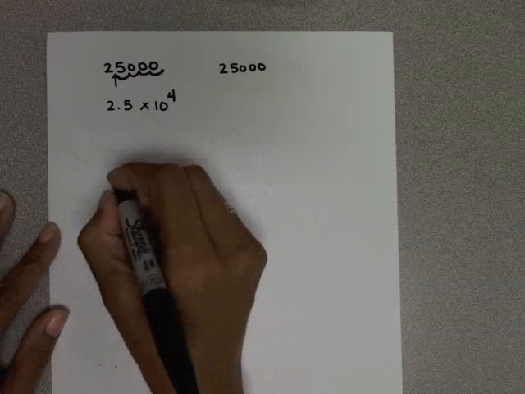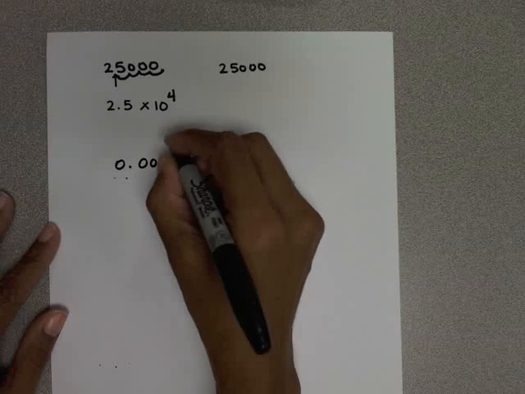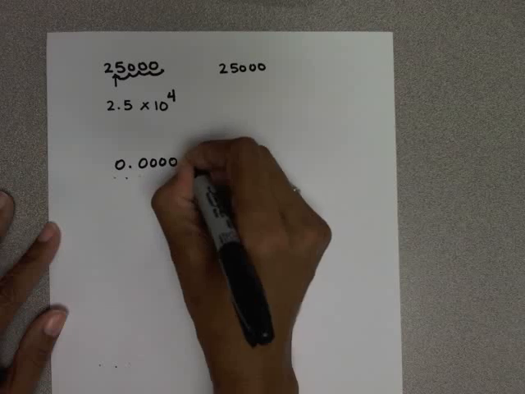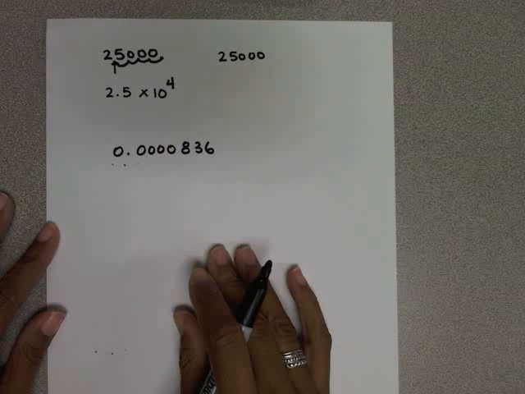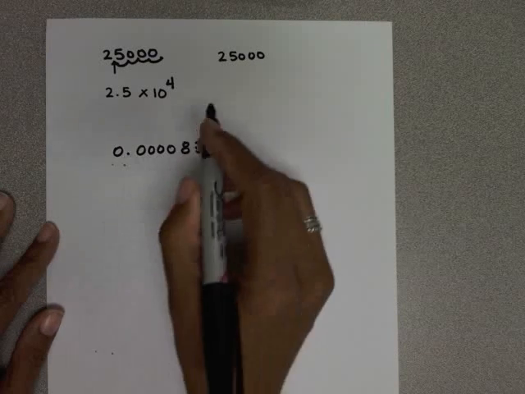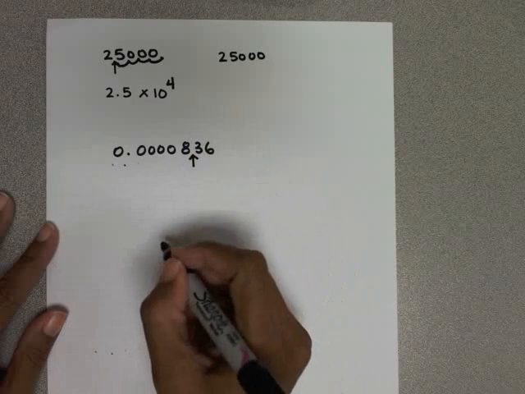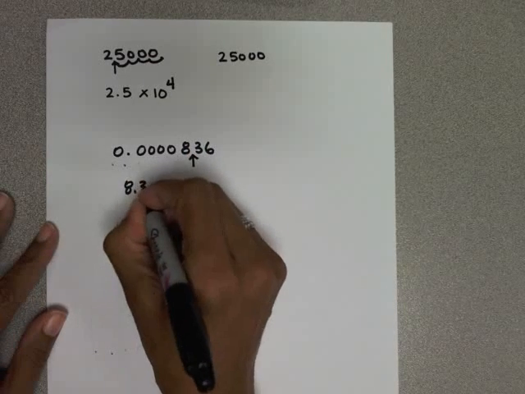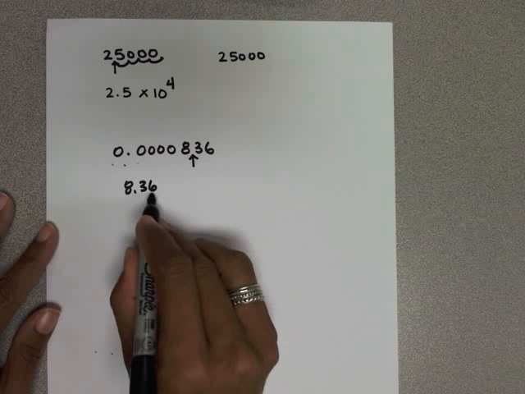All right, let's do another example. Okay, here's a number written in standard form. It already has a decimal point. Our new decimal point to write this number in scientific notation would need to go here, because we need a number at least 1 but less than 10.